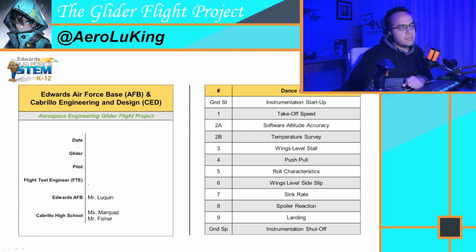On the right side, typically you have a dance card. It pretty much outlines what test plans you'll be executing in what order. They'll get briefed in that order. It doesn't mean you have to execute them in that order, even though they might be in order of efficiency and safety. As long as you don't have a requirement to do a previous maneuver before the next one, you're fine.